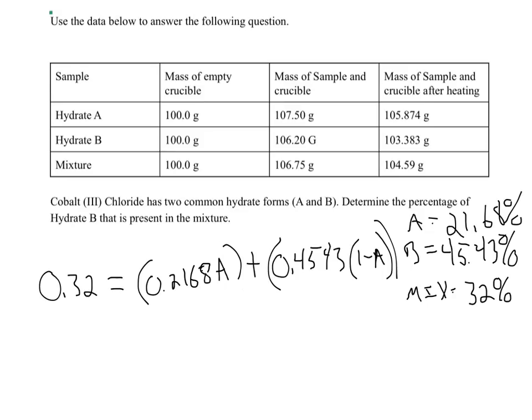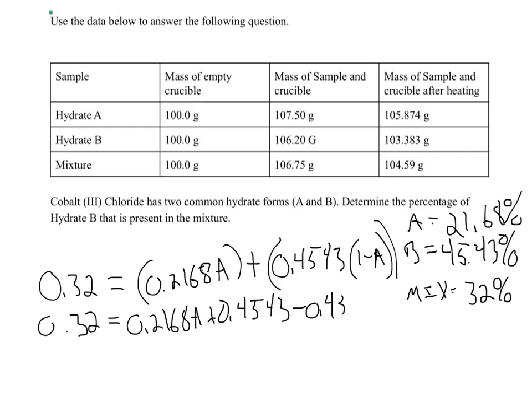So once we work that out, we end up with 0.32 equals 0.2168A plus 0.4543 minus 0.4543A.